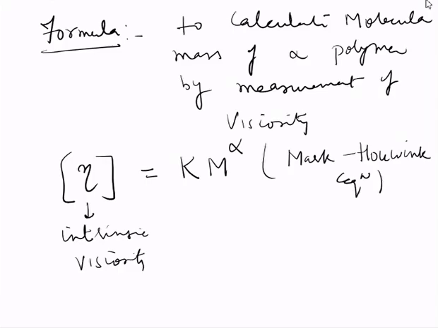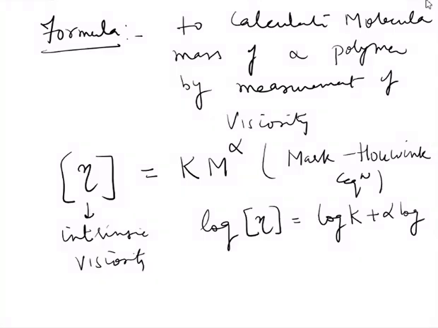Now you can just take a log of this, log eta, which is equal to log K plus alpha log M. Alpha is a constant class. This is very specific to the polymer class. अभी देखते हैं.